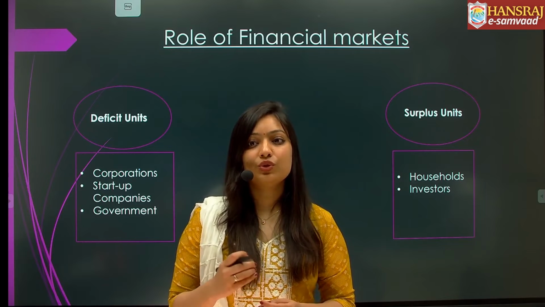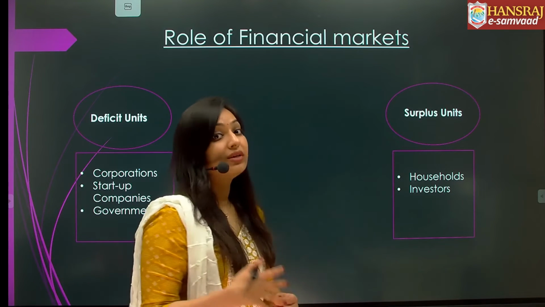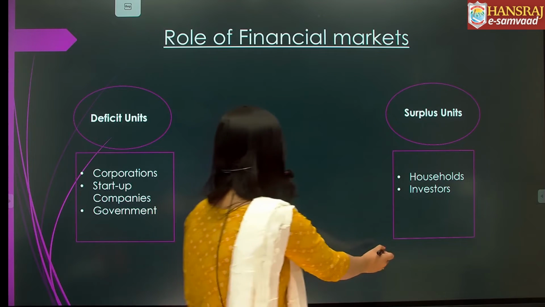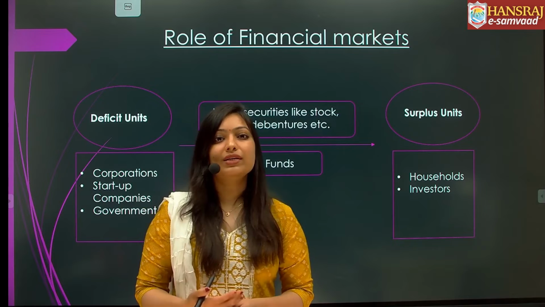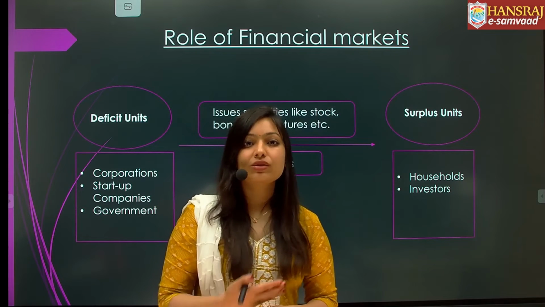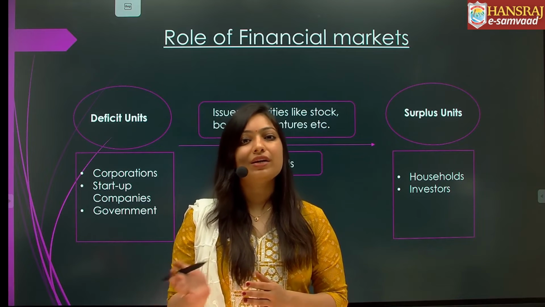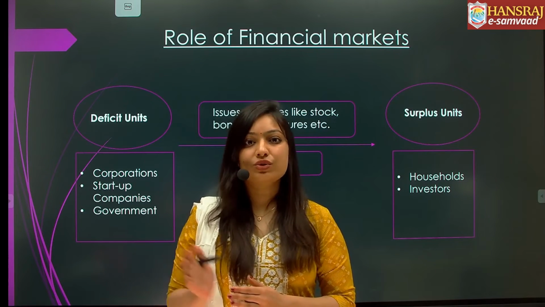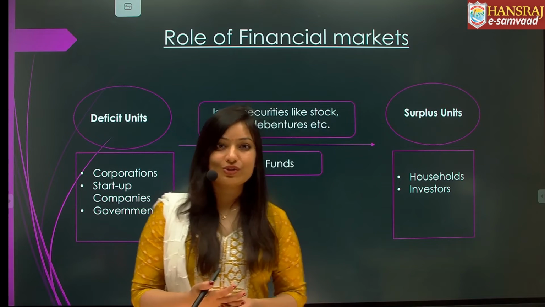Surplus units are usually households as well as investors. So what is the mechanism? Deficit units issue securities like stocks, bonds, debentures to the surplus units. Surplus units buy these securities and in return provide funds to the deficit units. This mechanism happens with the help of the financial markets.